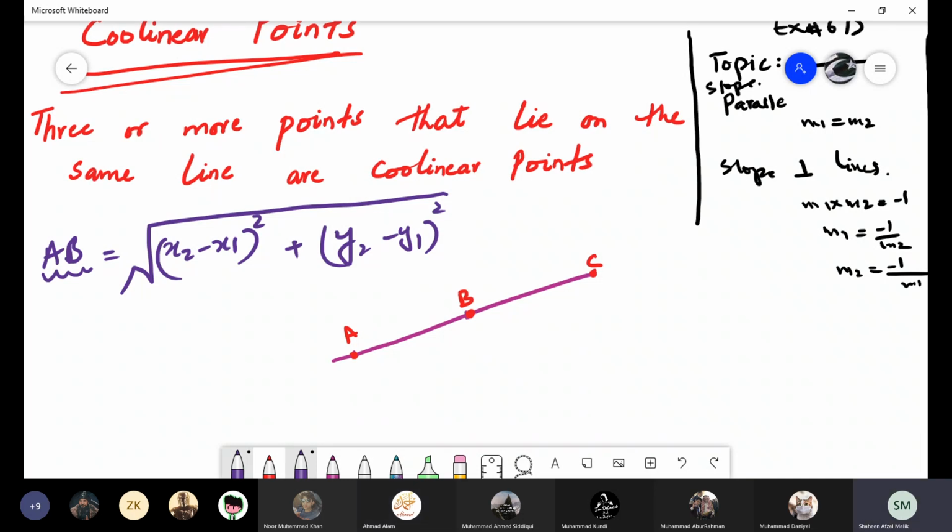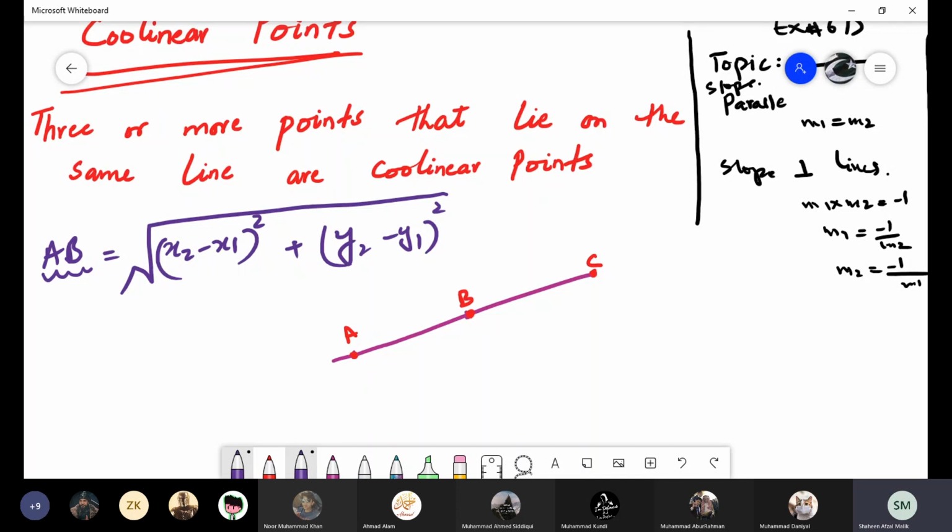You have to prove whether the triangle is an isosceles triangle or not. And most of the students have done it wrong. They used the slope formula instead of this distance formula. So you have to use the distance formula.